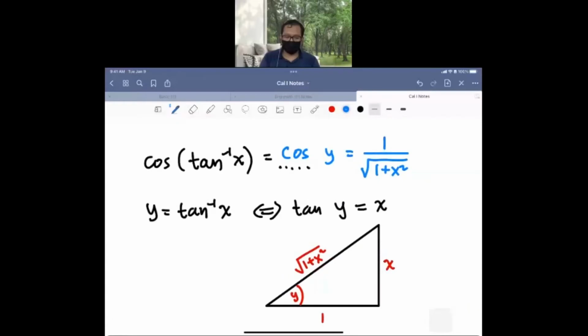That's all for chapter one. It's all about functions, finding domain, exponential, log, inverse, and also the transformation, how to shift the graph and reflect the graph.